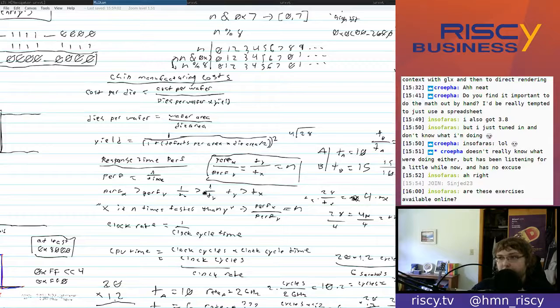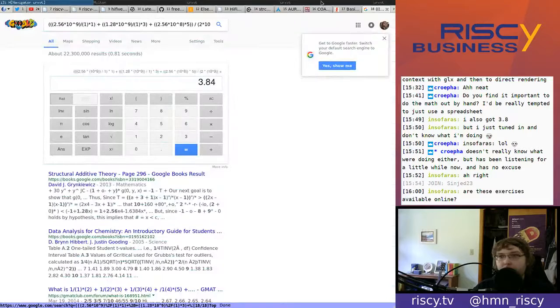Are these exercises available online? I don't believe they are. I've heard from people that you can find the ARM version of the book somewhere. I don't know legally or not, but you might be able to find a PDF of the book somewhere.